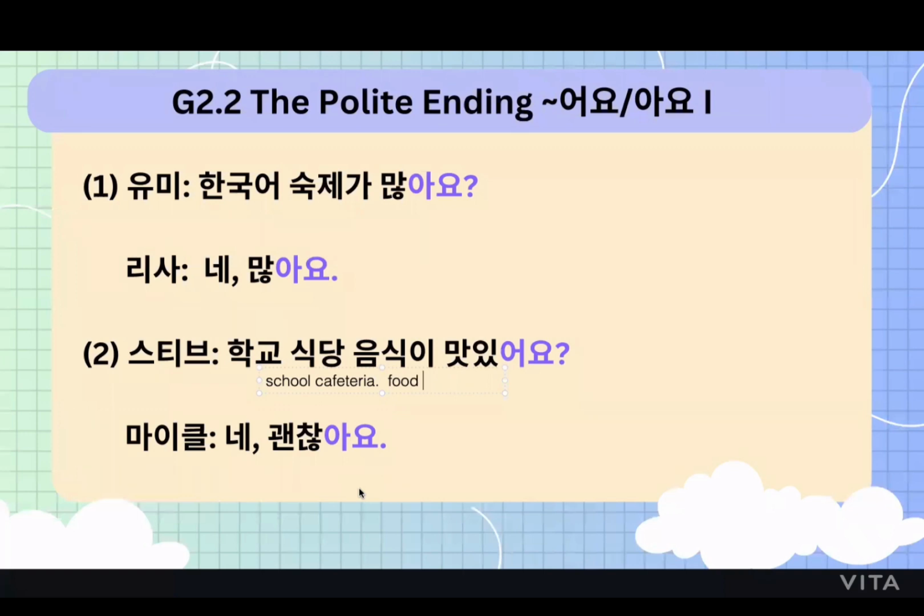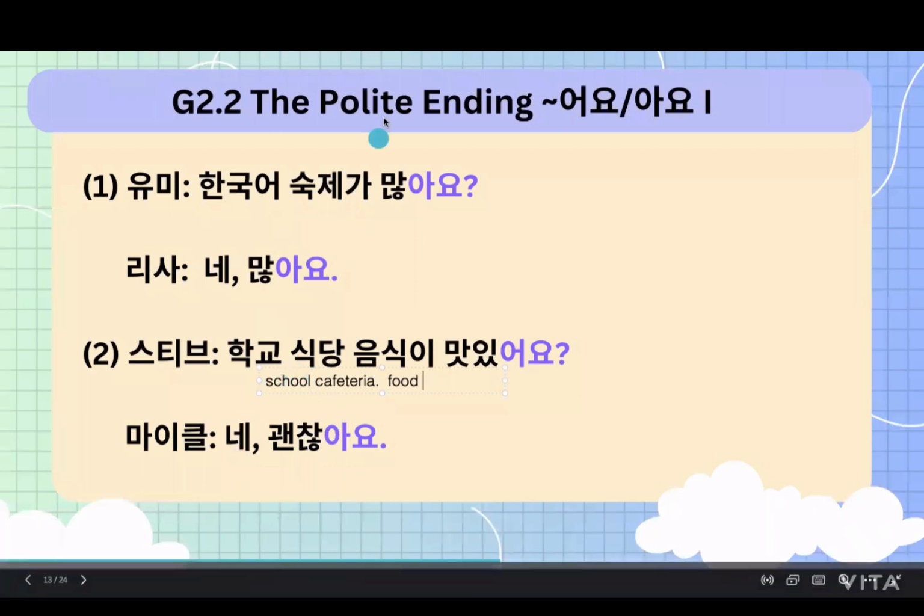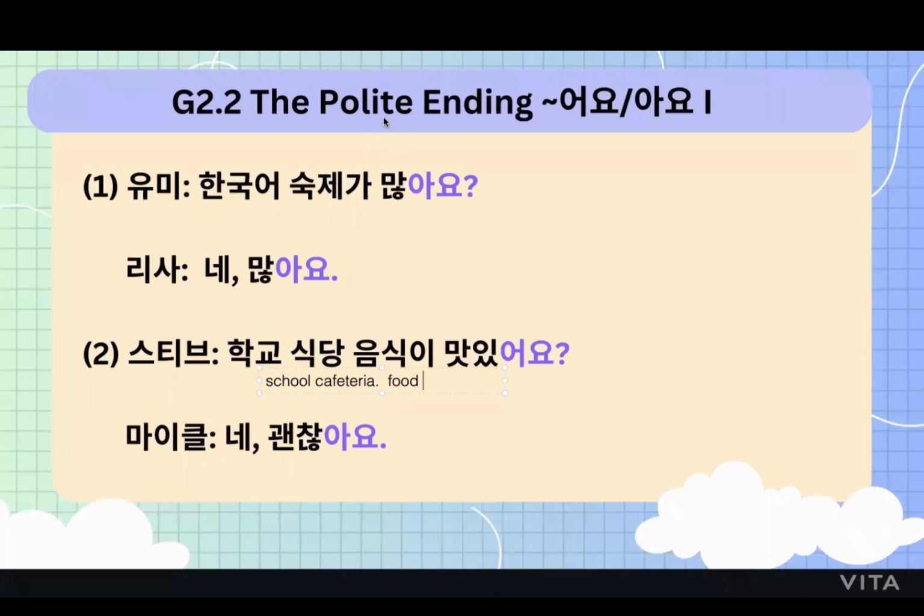For dictionary entries, the meaningless ending 다 is attached to verbs and adjectives. But when you talk with someone in Korea, in conversation, the polite ending 어요, 아요 is the most frequently used form. Please remember well, it has a number of variations.